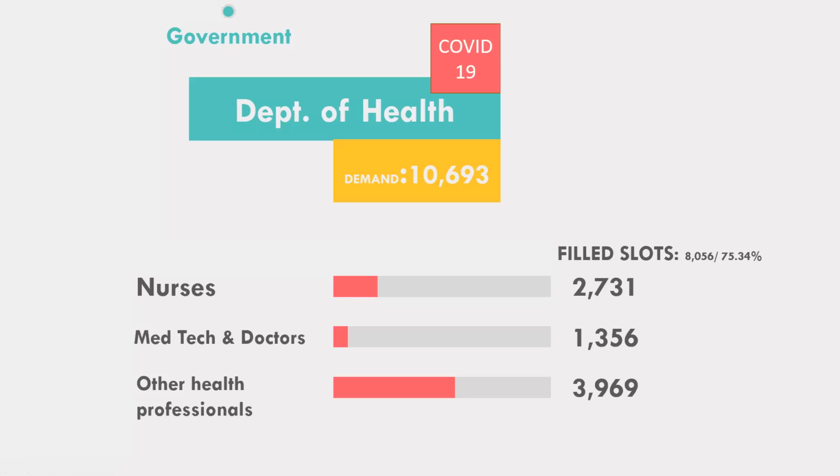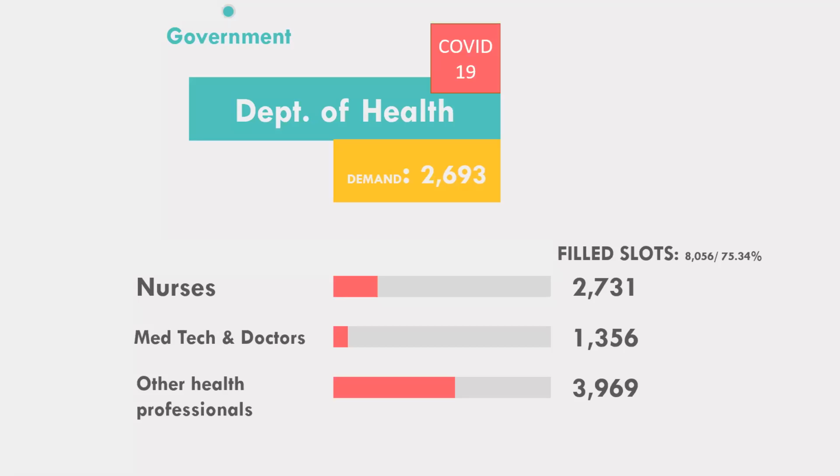However, as of now, the DOH is still looking for another 2,693. So just in case these positions are still available until next year after you pass the nursing licensure examination, why not try to apply?